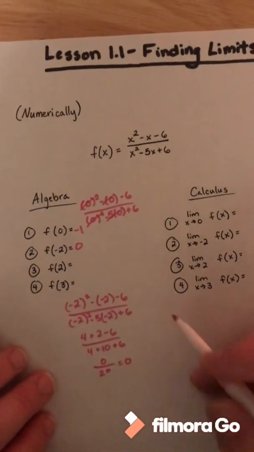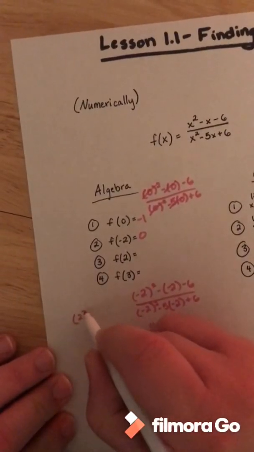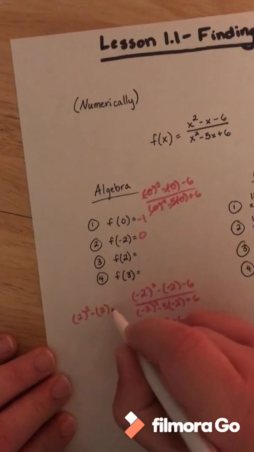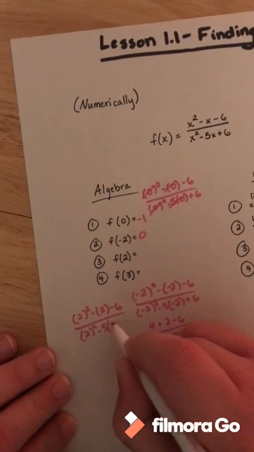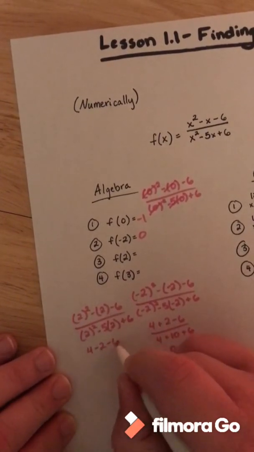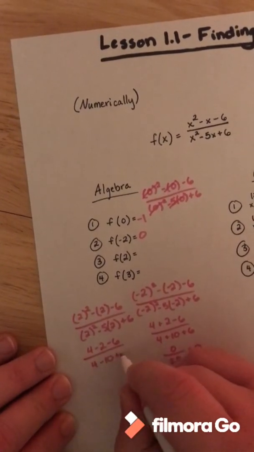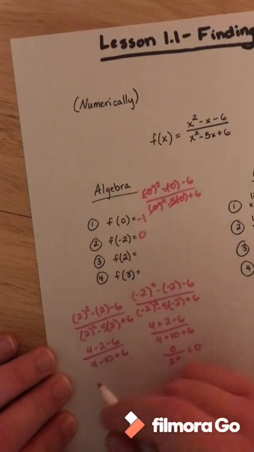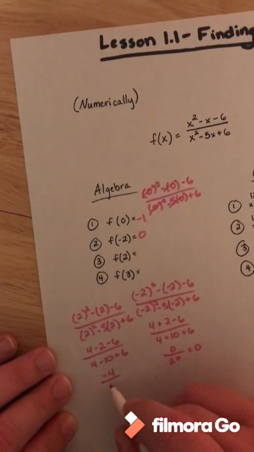All right, I'm going to try the other ones. F of 2, so we're going to plug in 2. I'm going to do it over here. So we're going to do 2 squared minus 2 minus 6 over 2 squared minus 5 times 2 plus 6. 2 squared is 4 minus 2 minus 6, over 2 squared is 4 minus 10 plus 6. 4 minus 2 minus 6 should leave me with negative 4 over 4 minus 10 plus 6. 4 plus 6 makes 10, minus 10 makes 0.